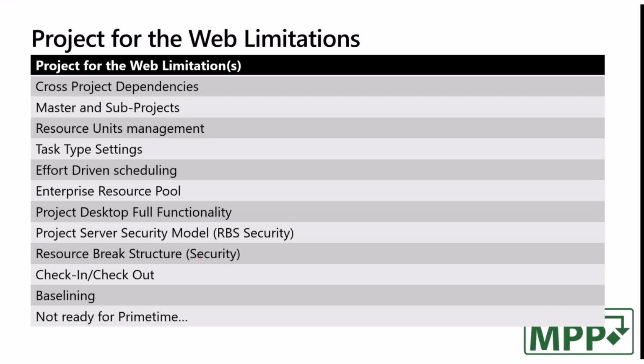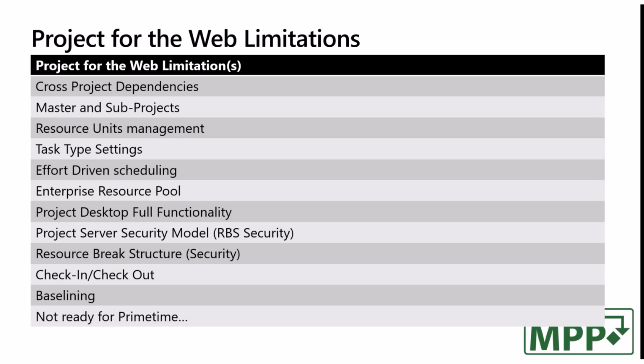Now, there are some limitations to Project for the Web. These are limitations that we always point out to customers when they're debating, should I just go right for Project for the Web, or should I stand it up in Project Online and then make the transition later on? What do I get and what do I not get in these different areas? So these are definitely some limitations if you were to just go straight to Project for the Web.